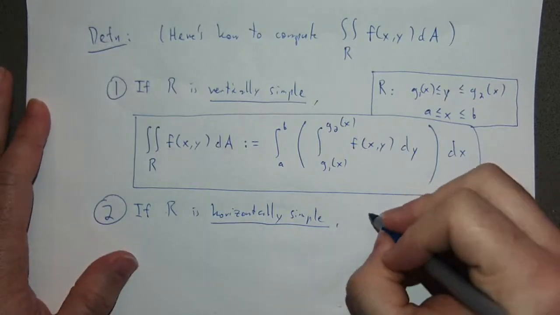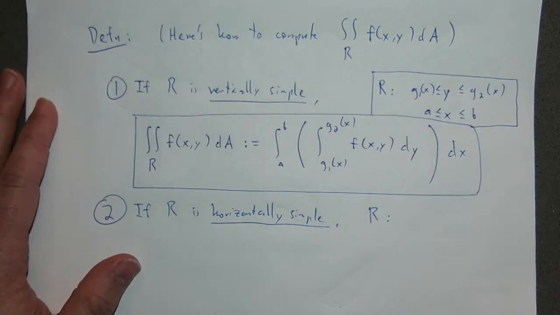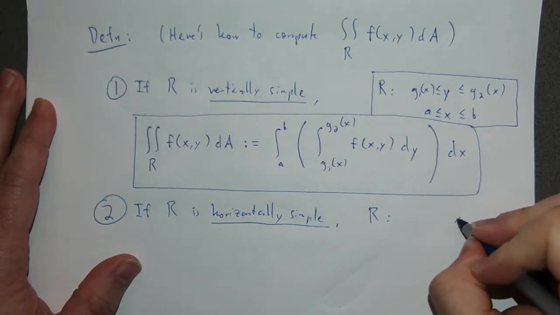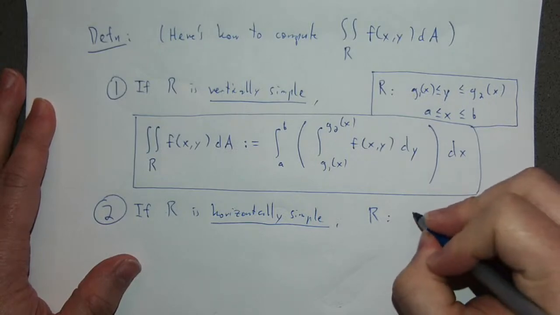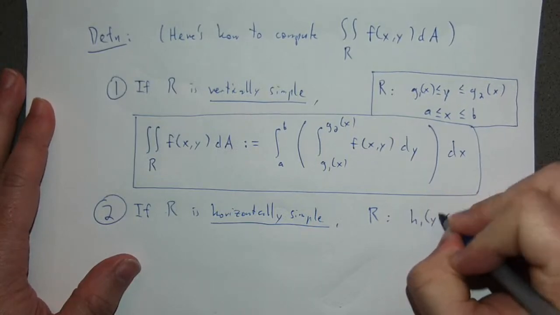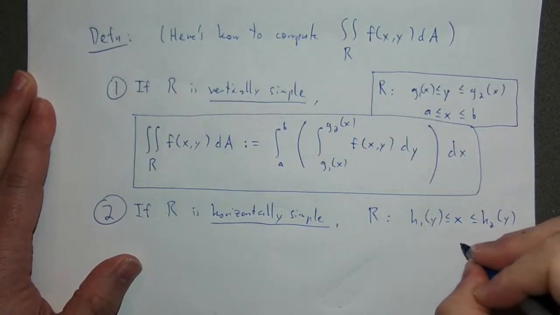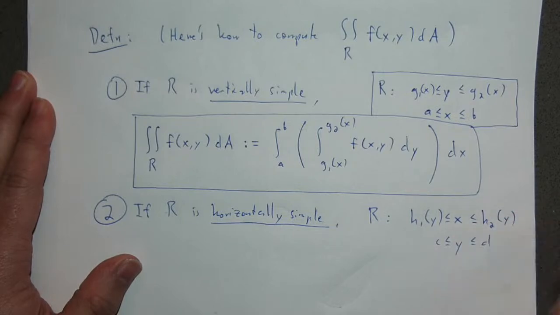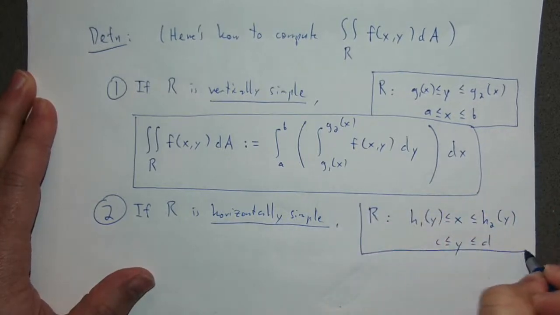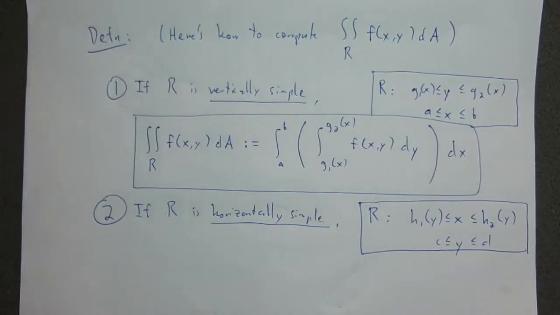So the way that we think about R being described is R is a region whose x values are bounded on the left and on the right by two functions of y, so h sub 1 of y and h sub 2 of y, and this is on some interval [c, d]. So when a region is horizontally simple, this is how we describe it.